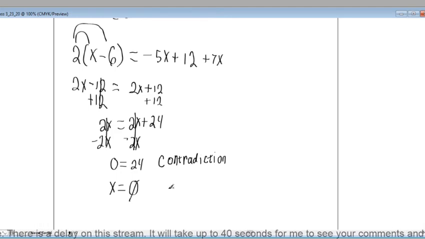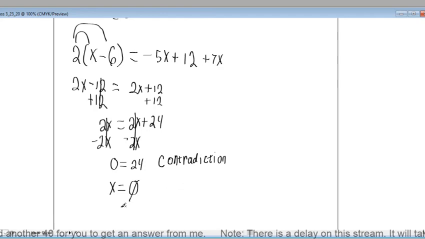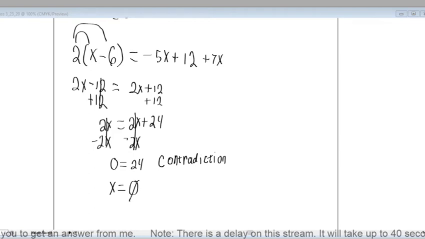Conditionals, like I said, sometimes it'll be true. We just have to have the right number in there for it to be true. Okay, so conditionals, identities, and contradictions. These are our three types of equations. So, any questions? Again, I'll allow some time for us to have questions.